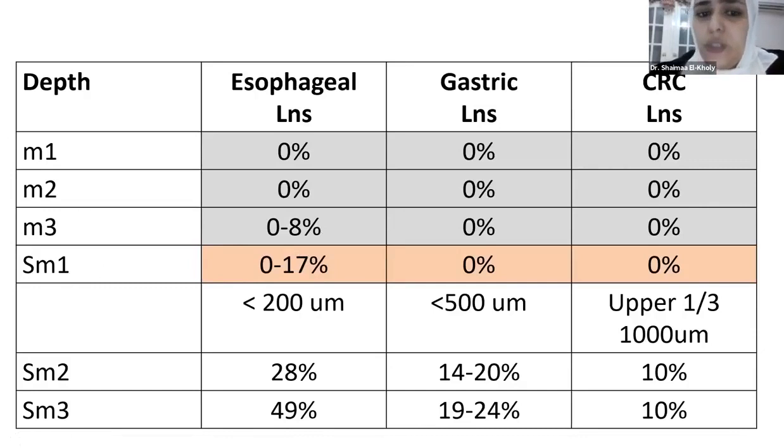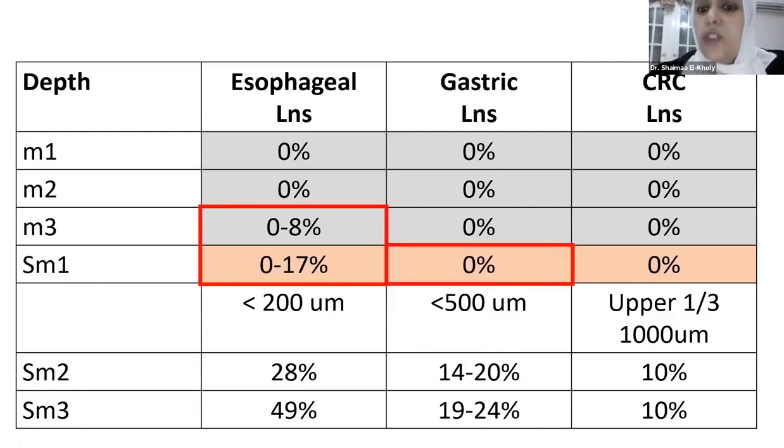It can reach 17%, provided that it's 200 micron. And for the gastric, it's 0%, but it's 500 micron. And for the colon, it is the whole SM1. So if we classify the indications here, we will find that in esophageal cancer, M1 and M2 are just an absolute indication. But when it comes to M3 and SM1, it's a relative indication.